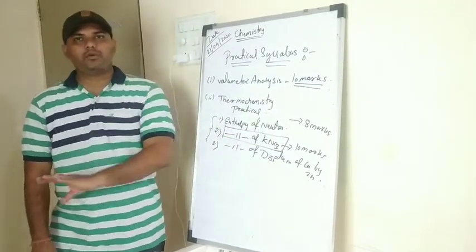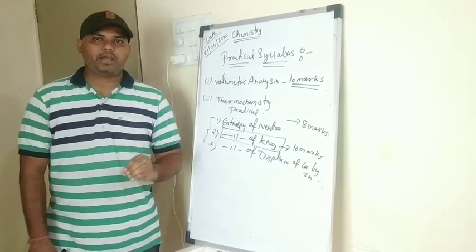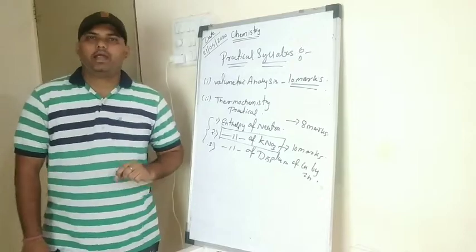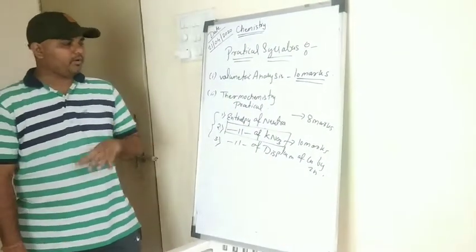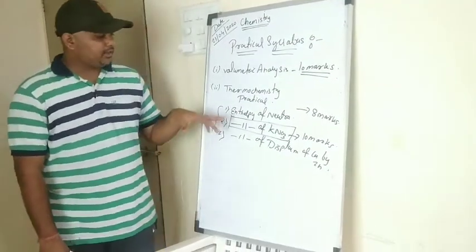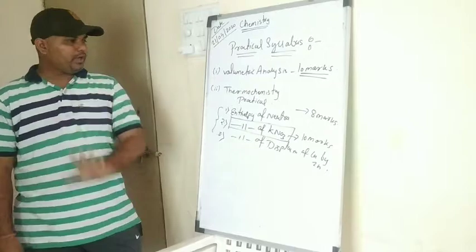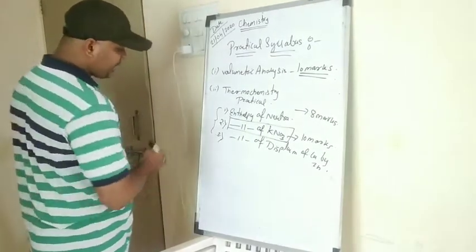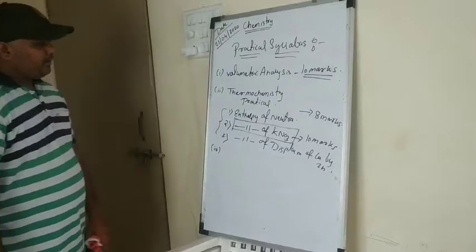Whenever the heat is evolved or absorbed, we say it might be an exothermic reaction or an endothermic reaction. So the evolving and absorbing of heat is calculated in terms of enthalpy, right? I hope it is clear to you what enthalpy is. Okay, then we go further with the practicals.